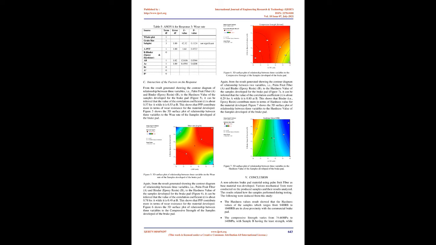Coefficient of friction. The coefficient of friction between the linings and steel was determined using a steel inclined plane. The plane was kept at 180 degrees, horizontal position. Each sample was attached to a string and placed on the plane. The string was passed through a pulley, which was connected to a mass hanger.